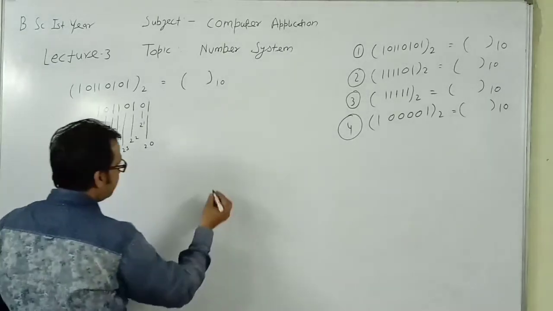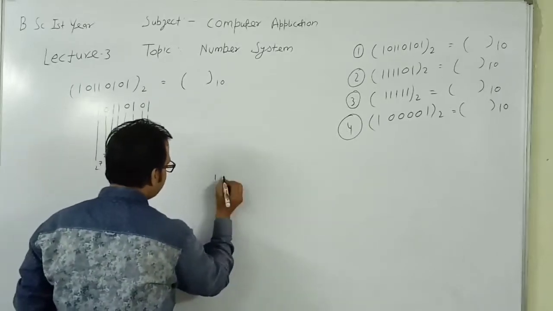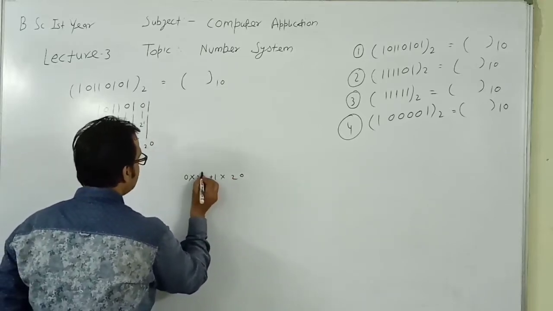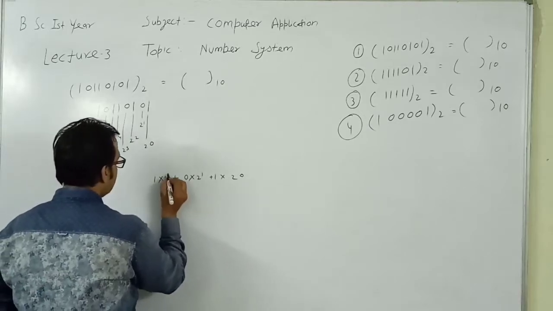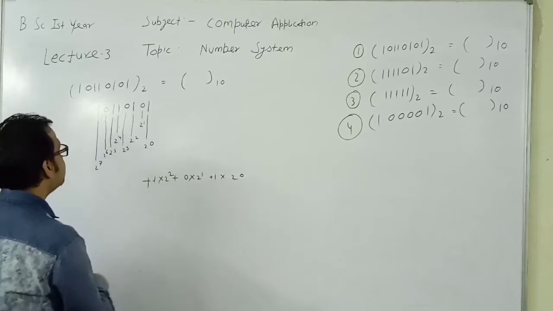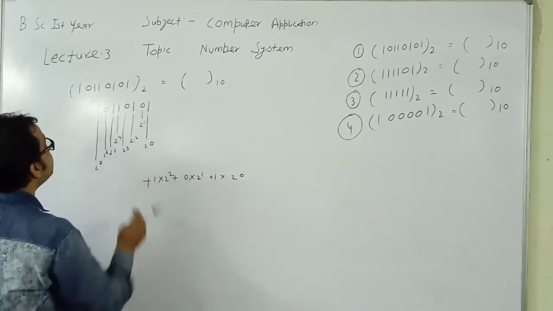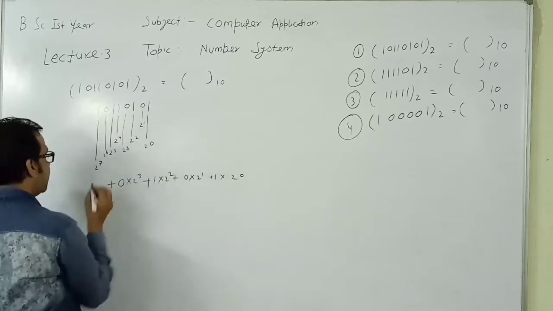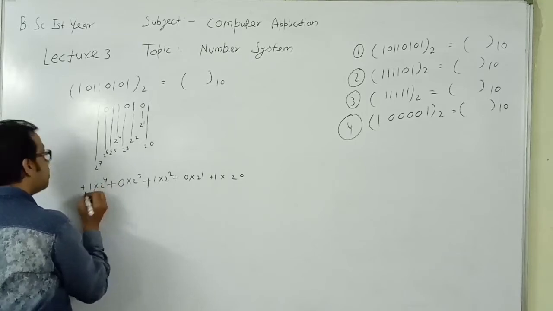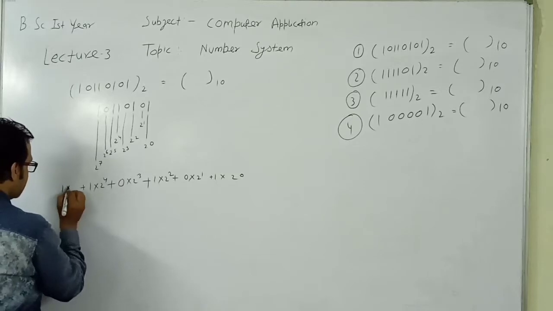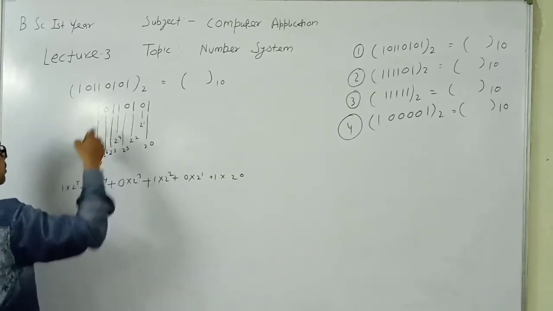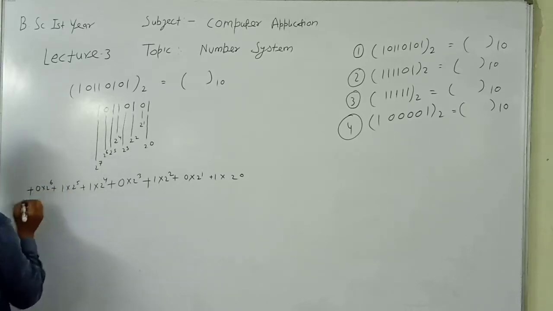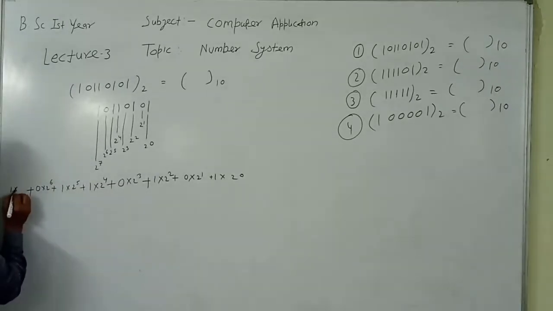Now multiply the power with the digit. Start from here: 1 into 2's power 0 plus 0 into 2's power 1 plus 1 into 2's power 2 plus 0 into 2's power 3 plus 1 into 2's power 4 plus 1 into 2's power 5 plus 0 into 2's power 6 plus 1 into 2's power 7.